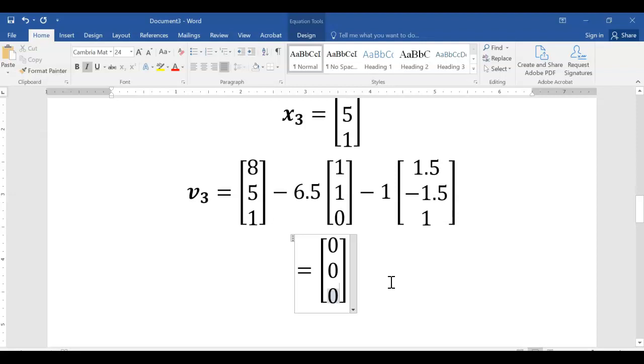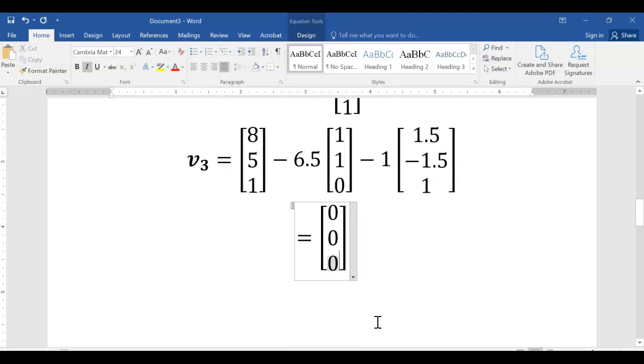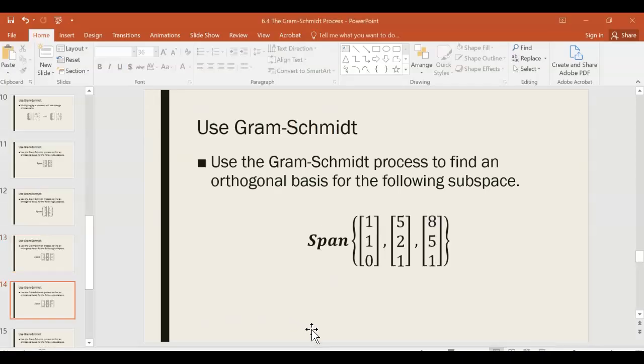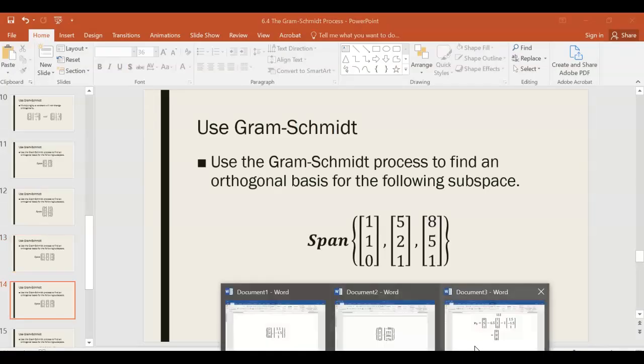Now, all that really means is that this set that I started with was not an actual basis. This set was linearly dependent. 8, 5, 1 can be written as a linear combination of these two elements here. So that doesn't mean the Gram-Schmidt process is wrong. What that means is that when we're looking for an orthogonal basis, we basically just have to throw out that v3 that we just found.